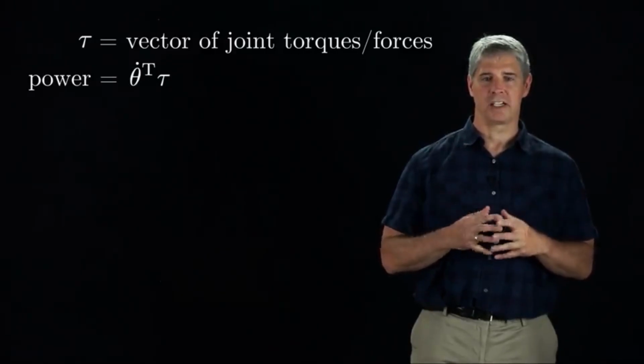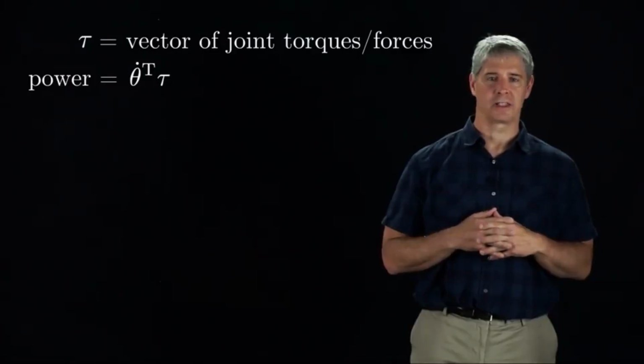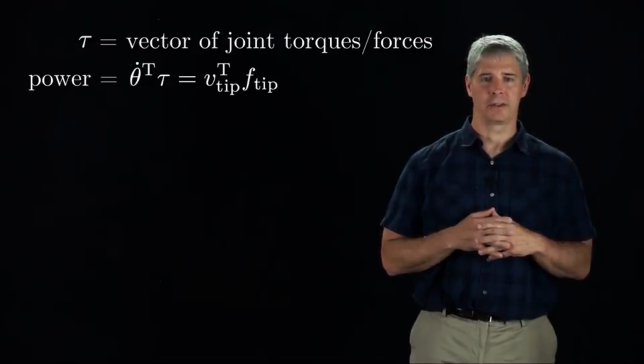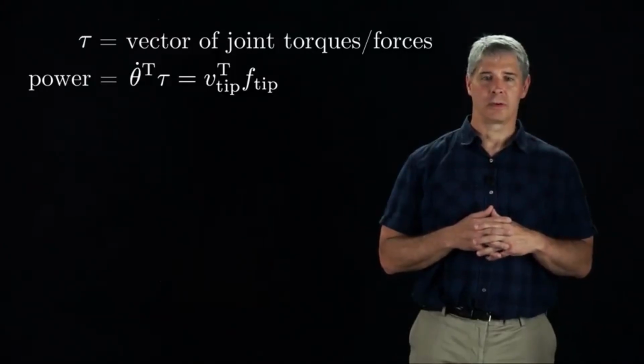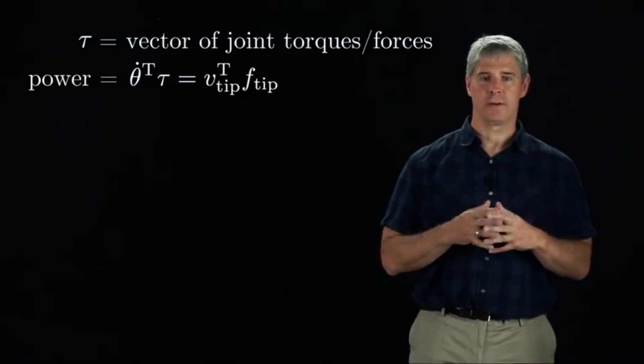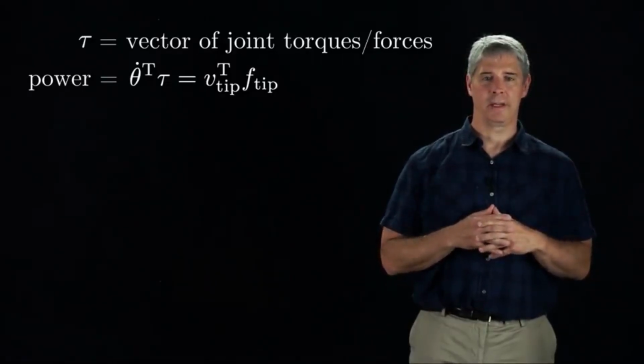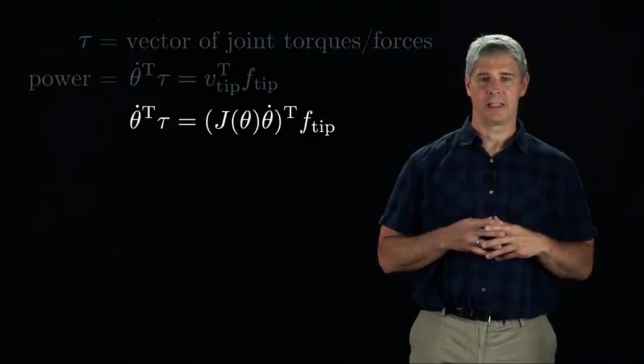The robot's velocity and joint torques could instead be expressed in terms of a velocity and force at the tip, so the power can be written equivalently as v tip transpose times f tip, where f tip is the force applied by the end effector. If no power is used to move the robot, then theta dot transpose times tau is equal to v tip transpose times f tip. Using our previously derived identity v tip equals j theta dot, we get this equation.